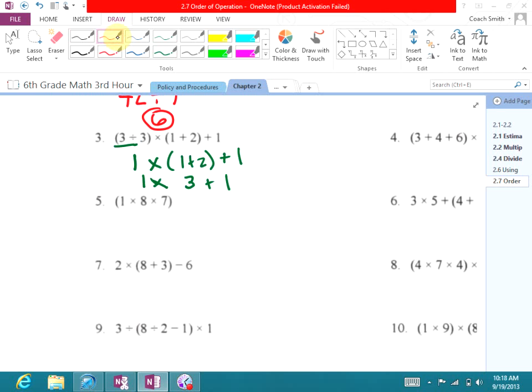Jalen, what's my next step? Okay, and what is 1 times 3? 3. So 1 times 3 is my next step, which is 3, and that gets me 3 plus 1. What is 3 plus 1? Noah? 4. So your answer to number 3 is 4.